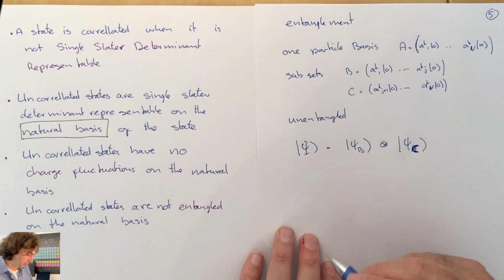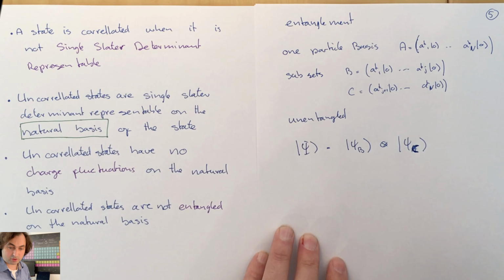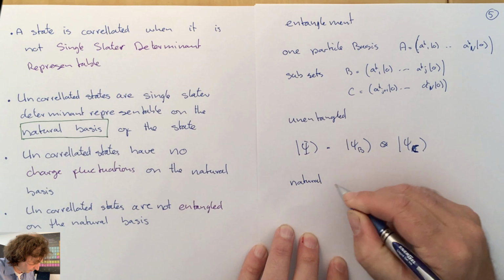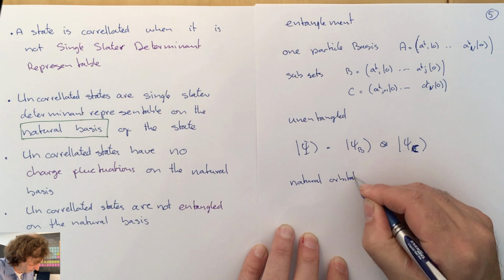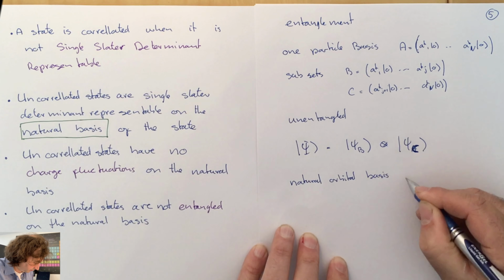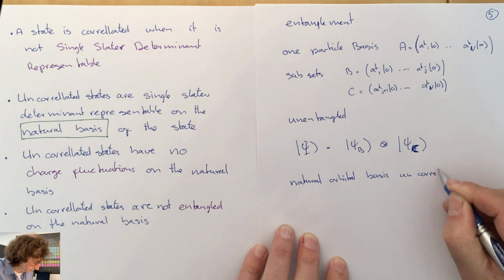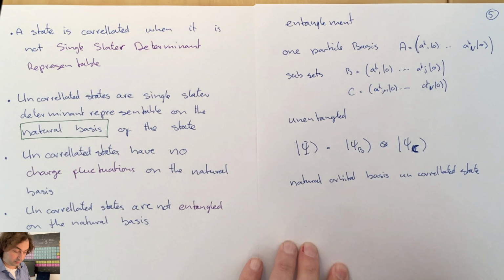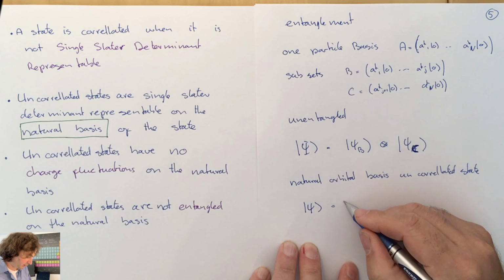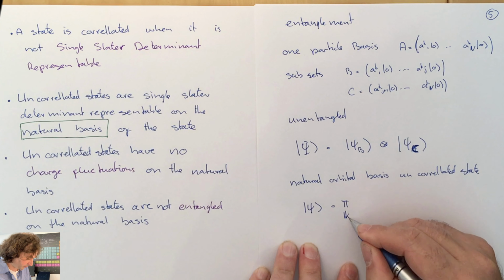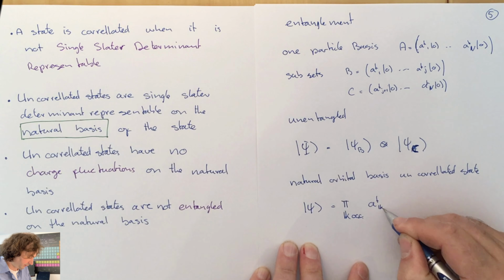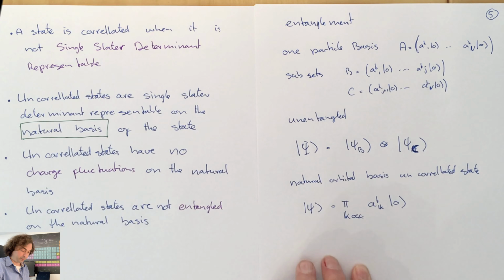Now if we go to the natural orbital basis for an uncorrelated state, then we find that our many particle wave function is given by the product of all occupied states, where we create the occupied states out of the vacuum.